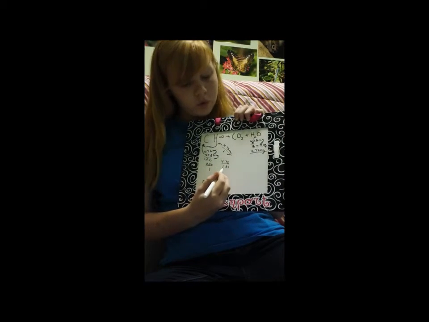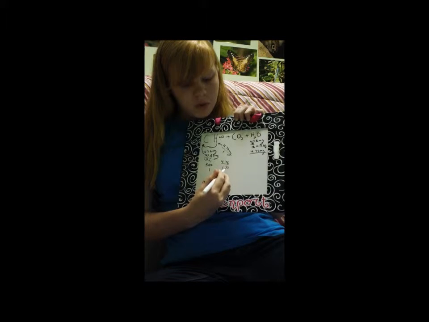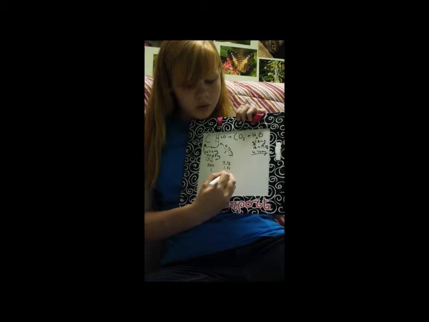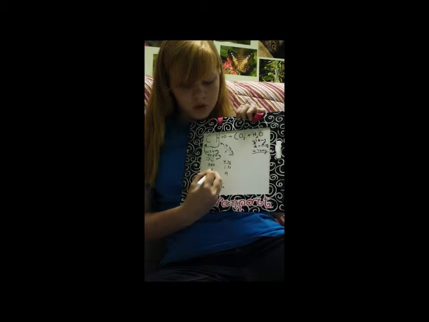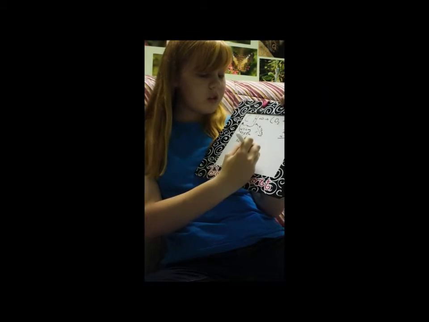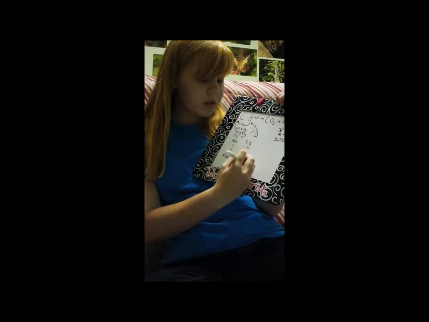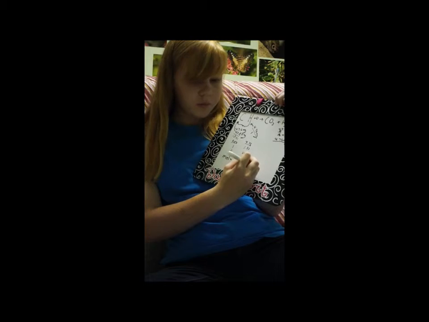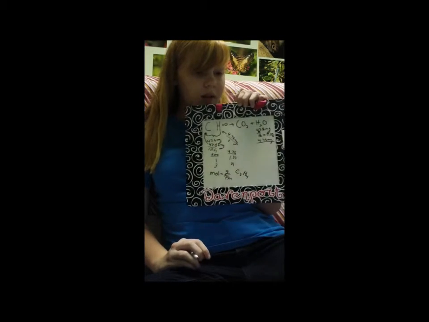Now these have to be whole numbers, so we're going to multiply 1.33 by 3, which will give us a 4, and we'll multiply 1 by 3, which will give us 3. So the ratio between the moles is 3 and 4. So that gives us the empirical formula as C3H4.